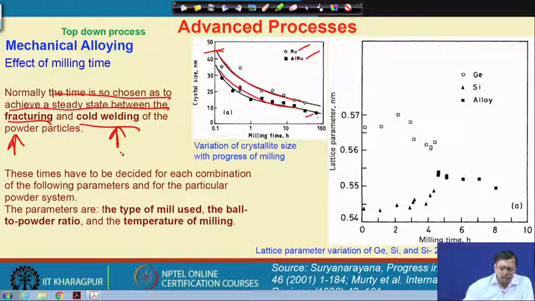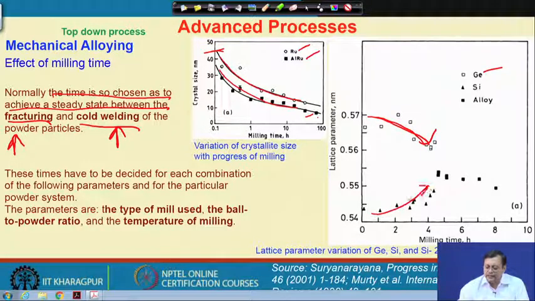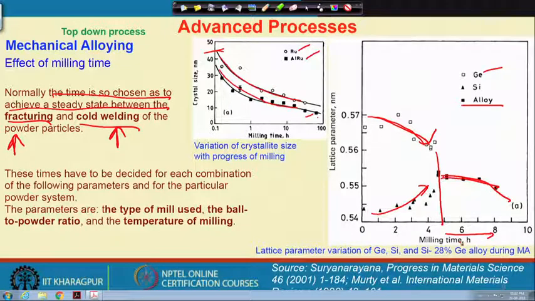So, on the other hand I can also take, let us say, germanium whose lattice parameter decreases. This is the lattice parameter of germanium and silicon, whereas my intention is to make an alloy out of it, and after alloying has begun, let us say something like 5 hours, the final lattice parameter is changing with time, as the alloying proceeds.